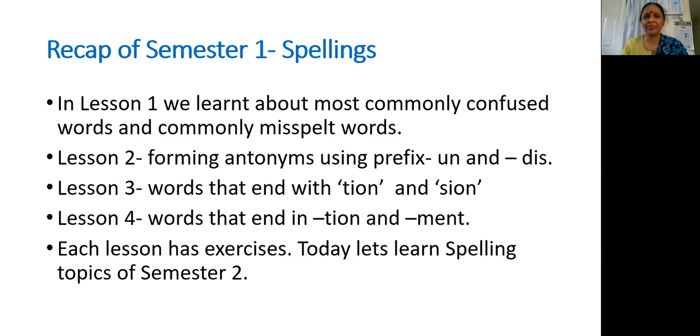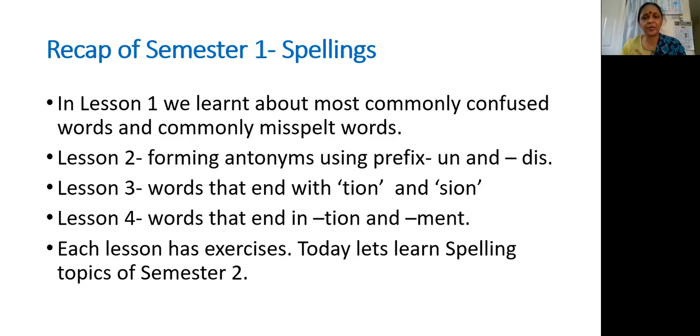Now, a recap of the syllabus you had in the first semester. In semester 1, we had most commonly mispronounced or misspelled words. Lesson 2, we learned how to make antonyms using the prefix un or dis. Lesson 3, we looked at words that end with shun, T-I-O-N and S-I-O-N.